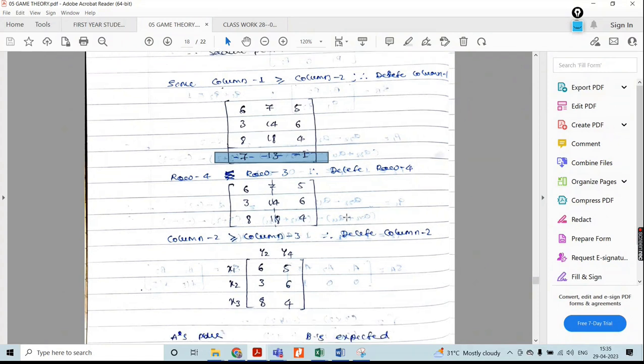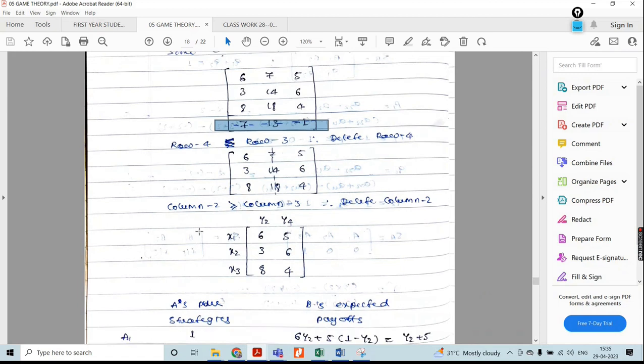Once you did this, go for reduction again, with the row method or the column method. In this, column 2 is compared with column 3. 5 is less than 7, 6 is less than 14, then 4 is less than 18.